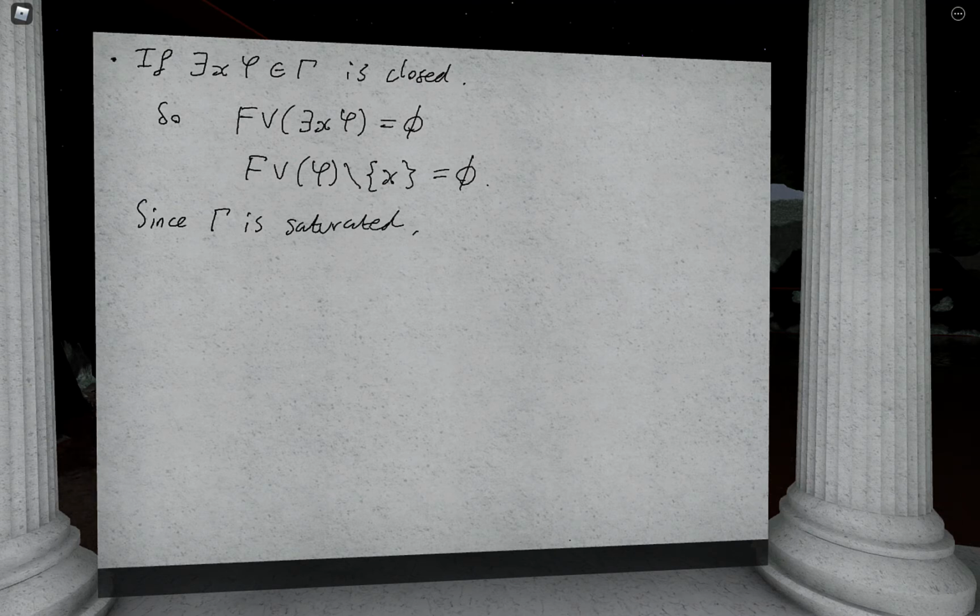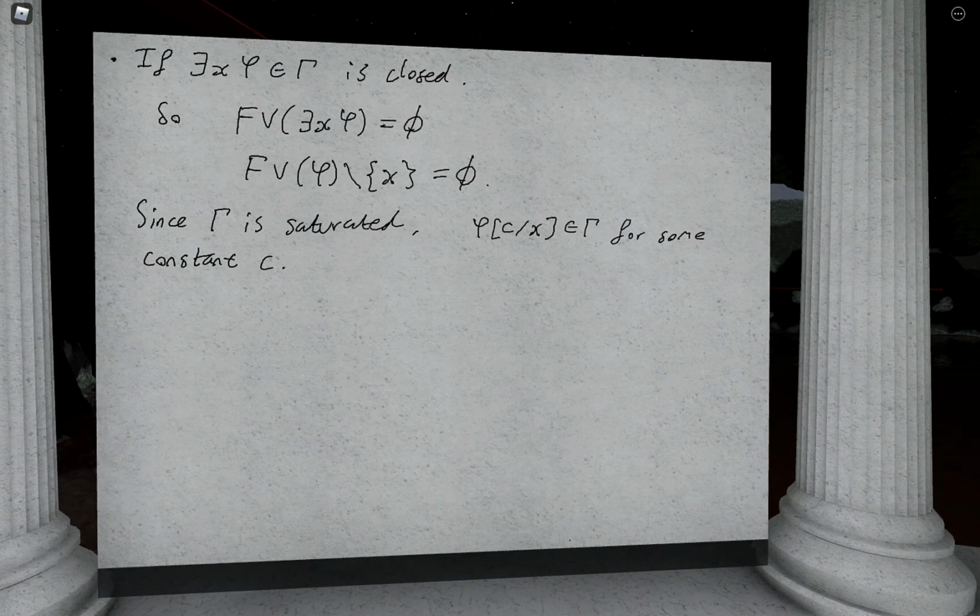So I know that phi of c for x is in gamma for some constant c. That's exactly secured by the property of gamma being saturated.